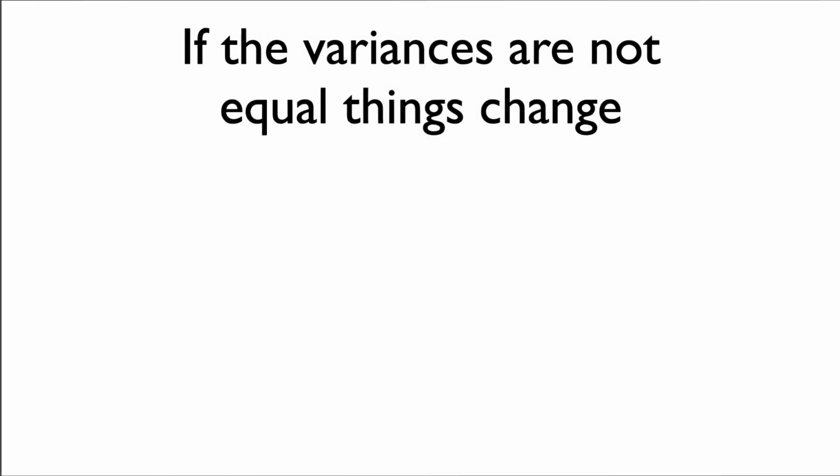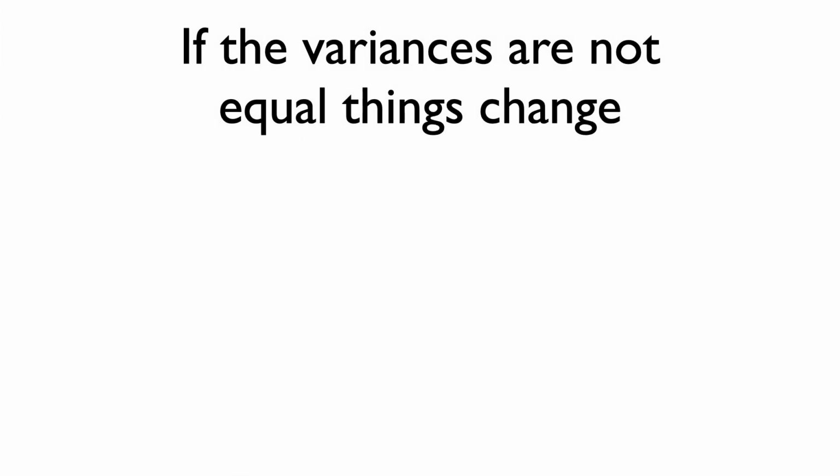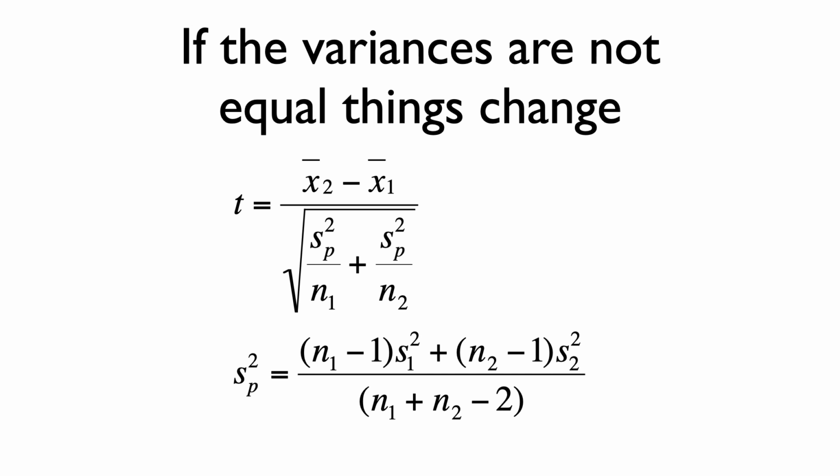So if the variances aren't equal, things do change. If you look at your numbers, just as a rough calculation, and this one is 4 times bigger than another one, maybe we should do this differently. Or if you did exploratory data analysis and you look at a nice little bar graph of 2 groups, and it shows the 2 groups are different, yet my t-test doesn't come out as a significant difference, what the hell's going on?